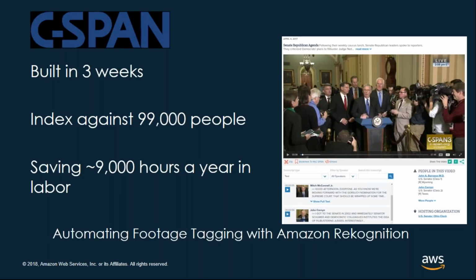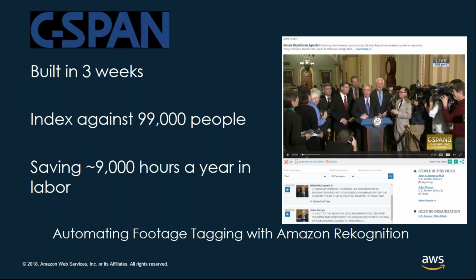Previously, they had humans tag all of this footage, where they would watch all of the footage, stop it every 30 seconds, look at the politicians that were in the frame, and tag those names to it. As you can imagine, that's a pretty immense effort, and they were wasting about 9,000 hours a year in labor just doing that. What they're able to do now is automate that footage tagging with Amazon Rekognition. They take those stills every 30 seconds of the footage.